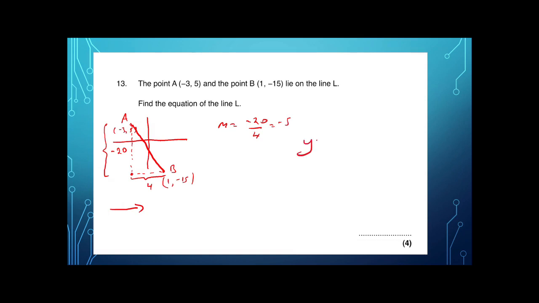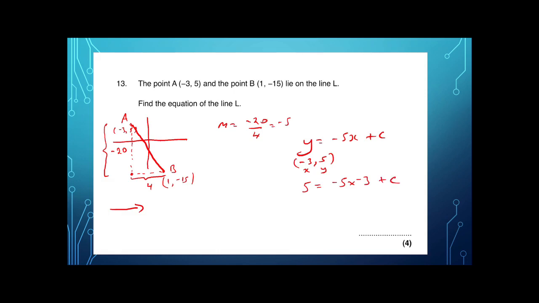So now we can say y is equal to negative 5x plus c. Okay, we need to work out the value of c. So we want to use one of the points, and it doesn't matter which one you use. I'm going to use negative 3, 5. And what this is saying is, when x is negative 3, y is 5. So let's put that in there. 5 equals negative 5 times negative 3 plus c.